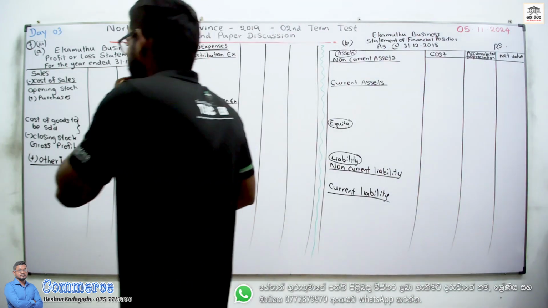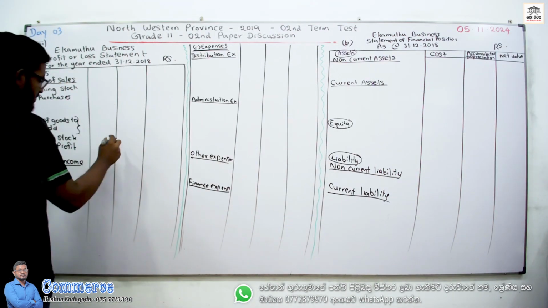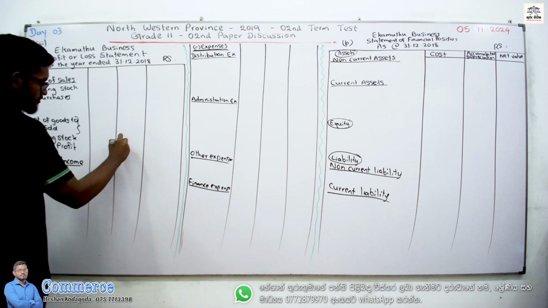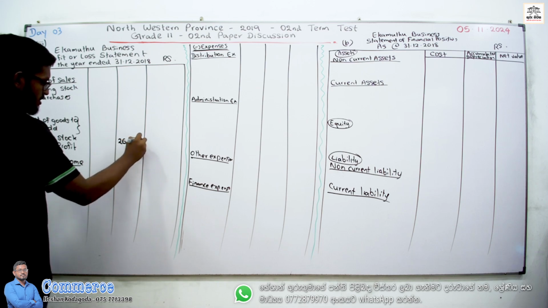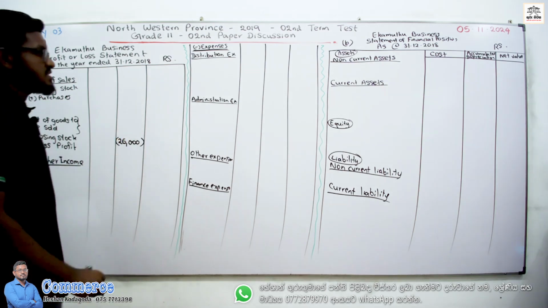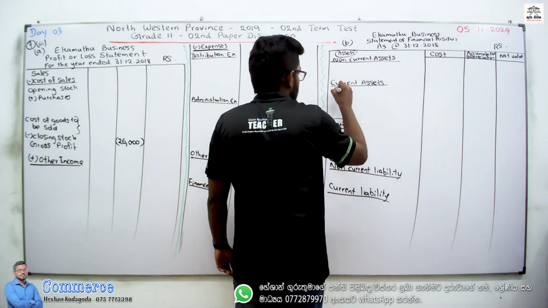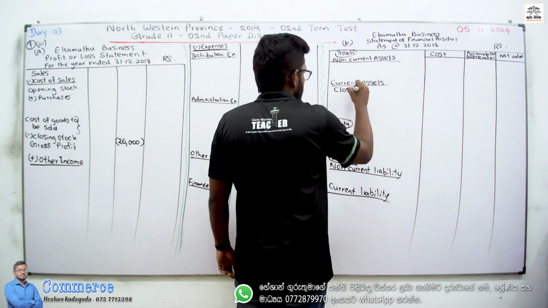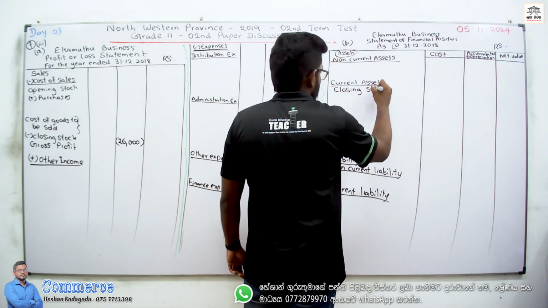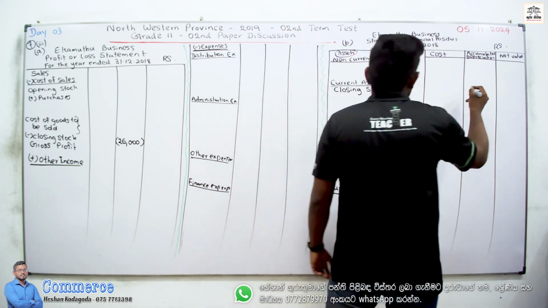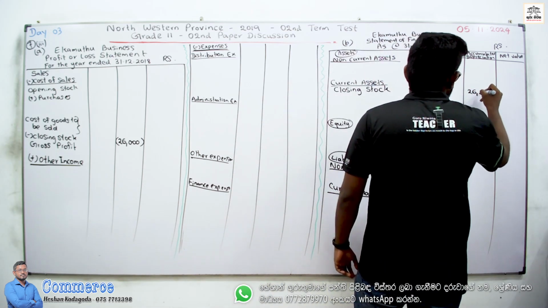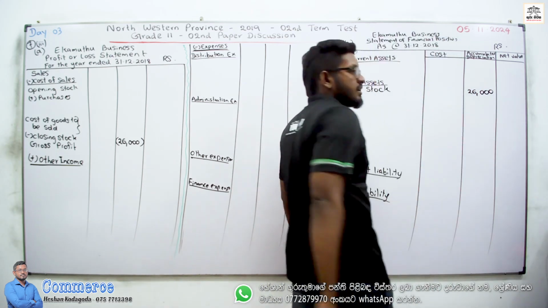Closing stock we are writing in here as minus, as well as it is a current asset. Closing stock, adjustments are recorded in both places.